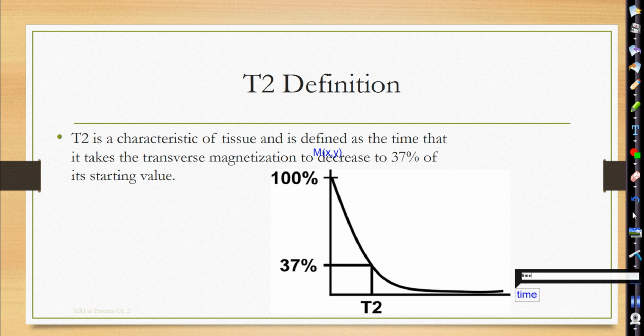And then remember, this is time again. So T2 is a characteristic of tissue and is defined as the time that it takes the transverse magnetization to decrease to 37% of its starting value, or once it's lost 63%.